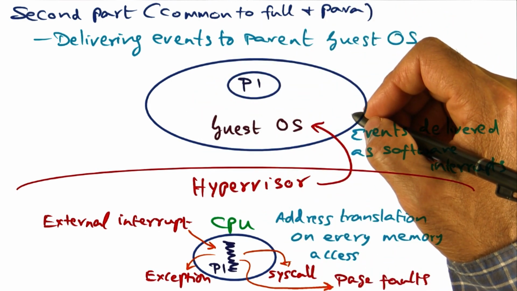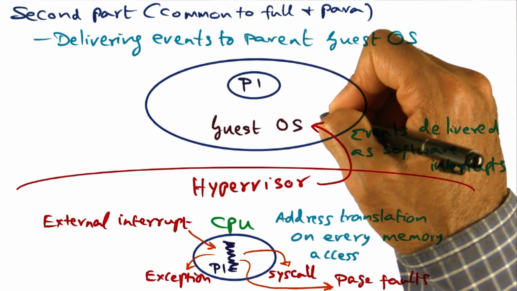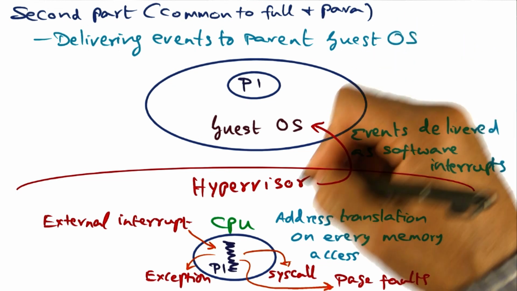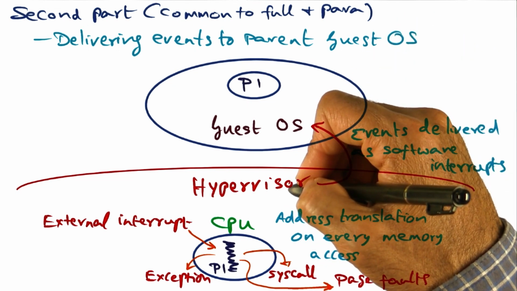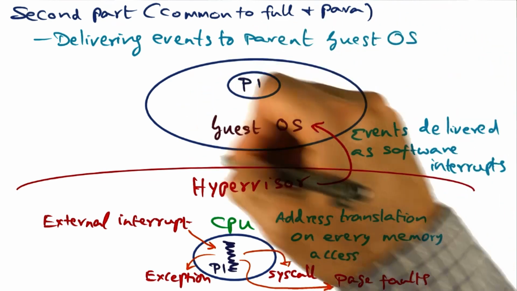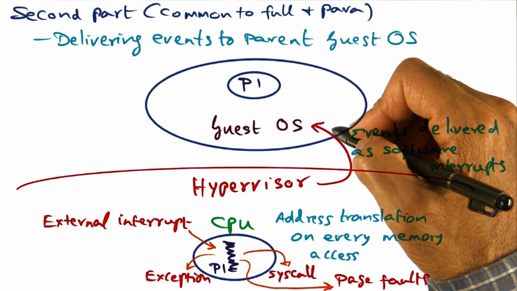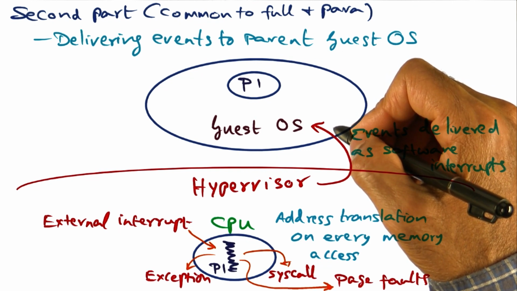So the only mechanism that will save the day is if the guest tries to execute a privileged instruction, it'll trap into the hypervisor, and the hypervisor can do the necessary thing. However, because some instructions, when executed at the user level, even though they are privileged instructions, don't trap but fail silently, that can be a problem.